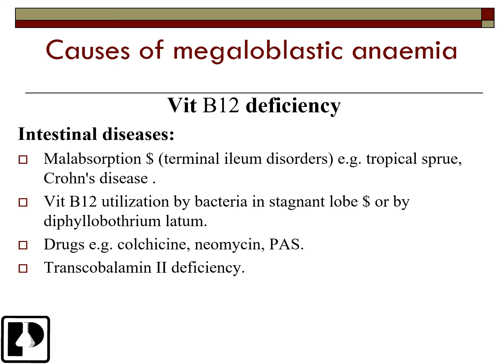Vitamin B12 can be utilized by bacteria in a stagnant loop, or by Diphyllobothrium latum, a parasitic infestation that uses the vitamin B12. A stagnant loop means patients who have had a bypass operation, with a change in the normal pathway of the GIT, making some site where food is stored and fermented, allowing bacterial overgrowth and preventing absorption of vitamin B12.